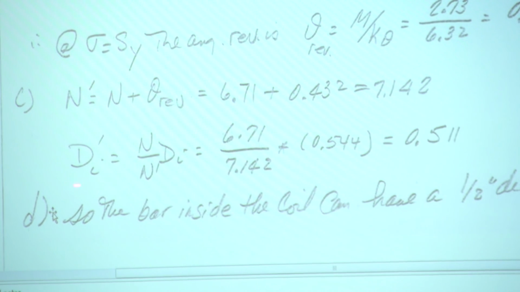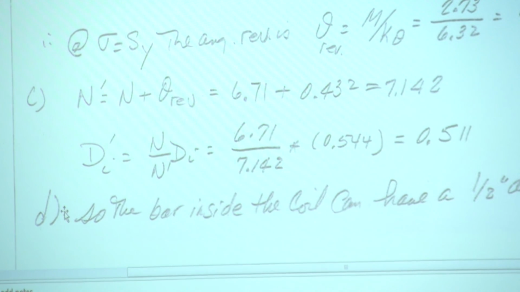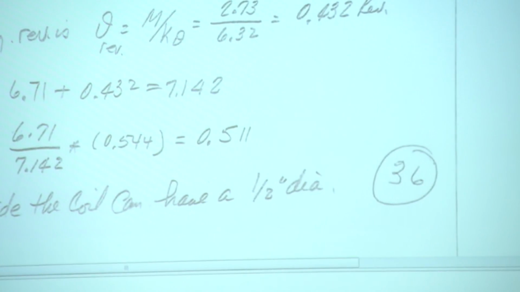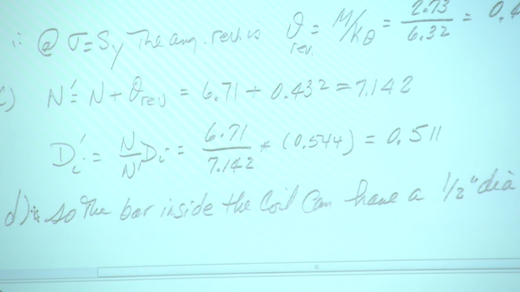The resulting inner diameter, according to the equation I just wrote on the board, is 0.511. So you can put a 1/2-inch diameter mandrel through there, and you will have some tolerance there. Any questions? Yes.